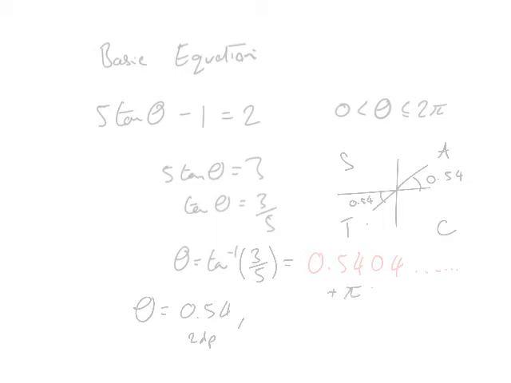That's what 180 degrees is, and that gives us our second solution. And it literally is as straightforward as that. We are only dealing in different measures of angles. So that's it. These are our two answers.